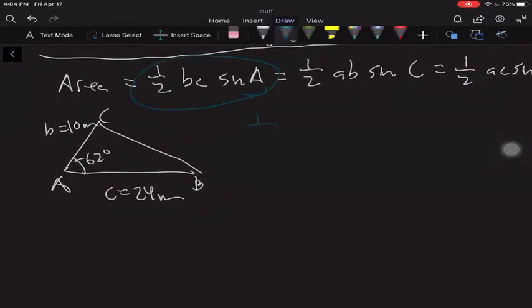So we get 1/2 times b, which is 10, times c, which is 24, times sine of 62. If we punch that into our calculator, we get 105.95, which we can round up to 106. So the area for this triangle is approximately 106 square meters.